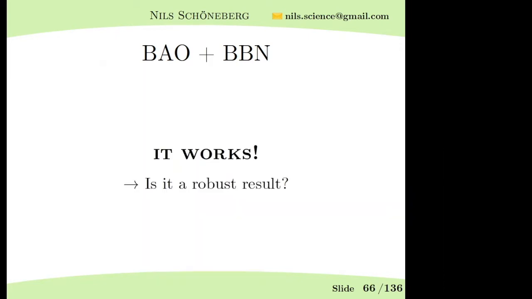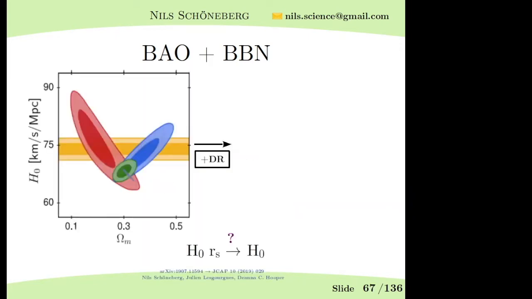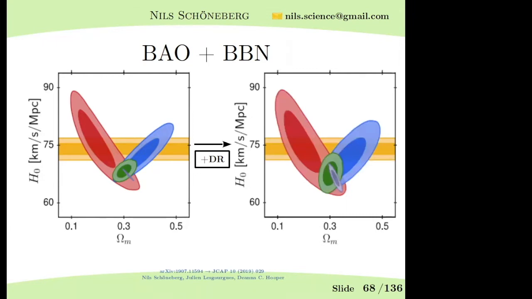This works, however, is it robust? So we could now imagine, what if our model is not just plain lambda CDM, but we have some different model. So it's always nice to test your probe for model dependency. For dark radiation, it actually turns out that the contours look almost exactly the same. There's a little broadening, but this is kind of a little trick that BBN people, of course, like to play.